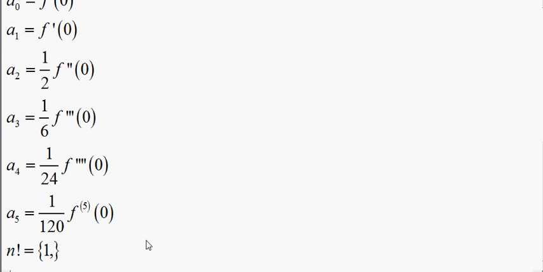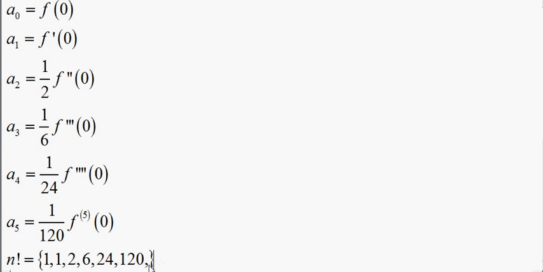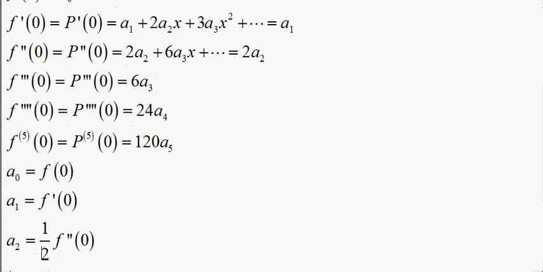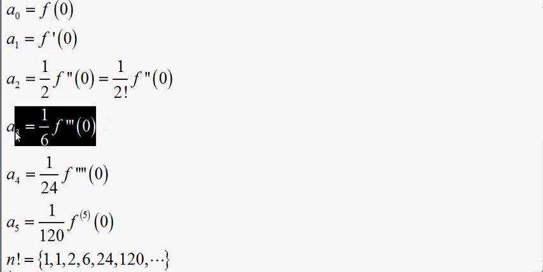1 factorial equals 1. 2 factorial equals 2. 3 factorial is 6. 4 factorial is 24. 5 factorial is 120. And so on. As you can see, this denominator follows n factorial. So this can be rewritten, and I know 2 factorial is the same as 2, but just for completeness, I'm going to write that out like that.